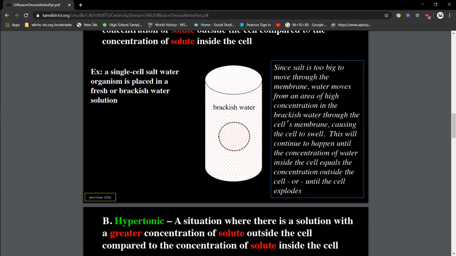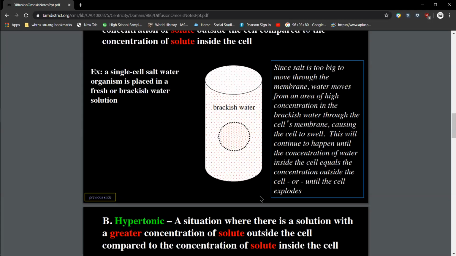So you have higher concentration here, lower concentration here. So the cell is in a hypotonic solution. When a cell is in a hypotonic solution, the water is going to move from outside the cell to inside the cell.